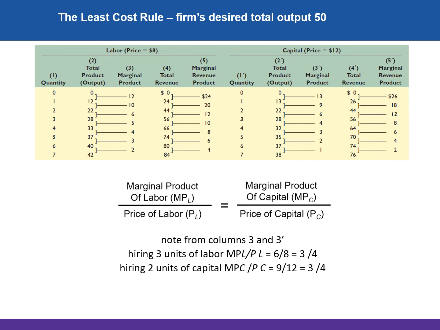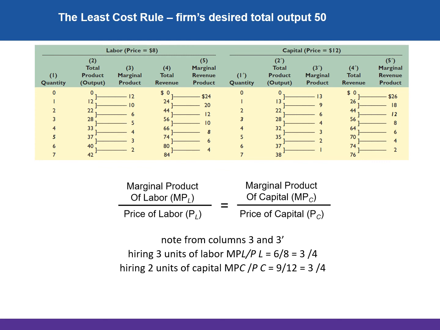We have to find what level of capital input will give us the same fraction. Notice that in column 3 prime, the marginal product of the second unit of capital is 9. 9, the marginal product of 2 capital inputs, over 12, the price of capital, can also be reduced to 3/4.